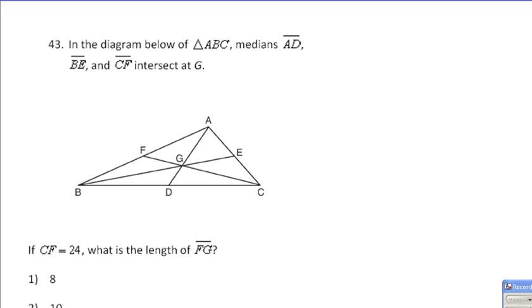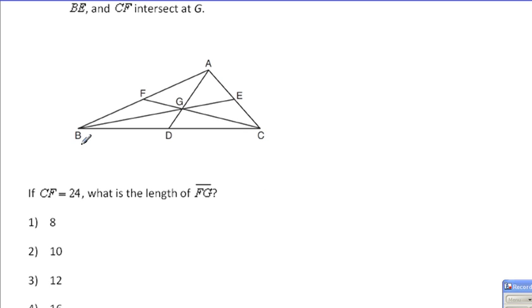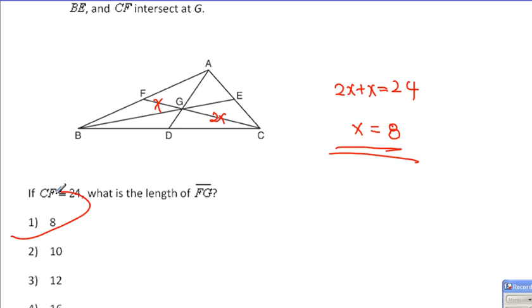Now here, as soon as you see this picture, you will realize a 2-to-1 ratio. So CG to GF must be 2x to x, where CF, the entire line segment, is equal to 24. So 2x plus x must be equal to 24, which leads to x as 8. Now, what is FG? That is equal to 8.